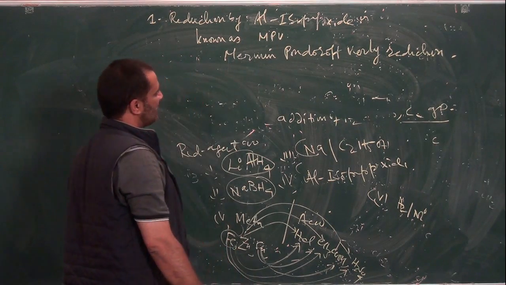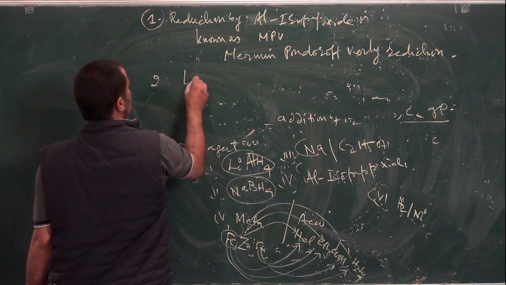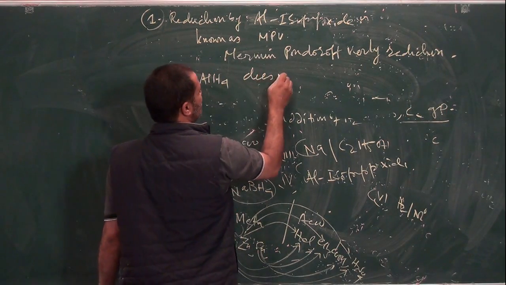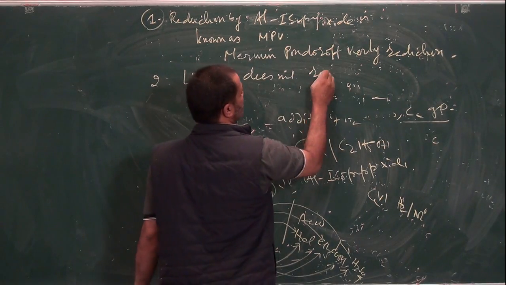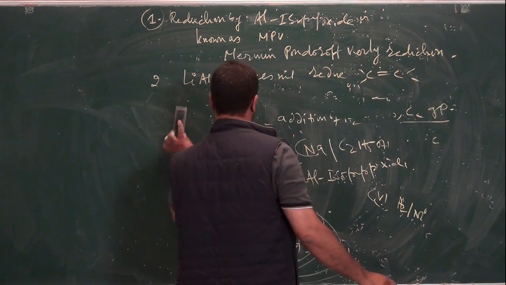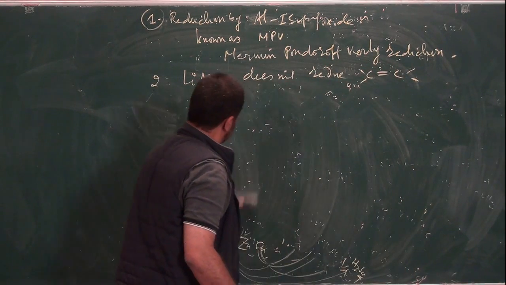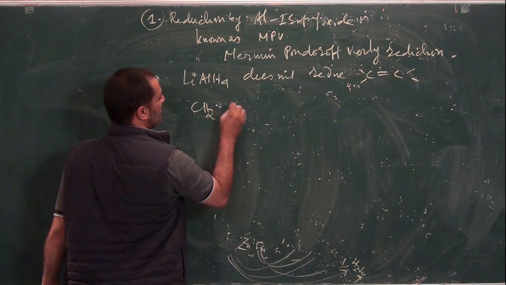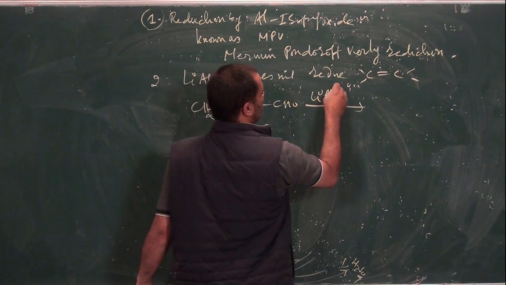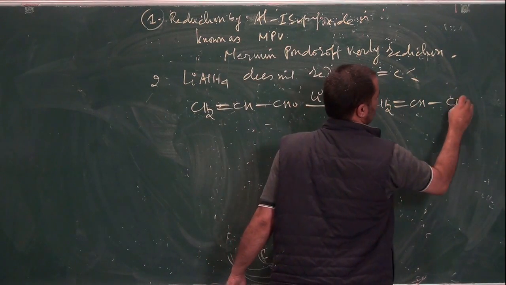Then, a very important point: lithium aluminum hydride does not reduce the carbon-carbon double bond. For example, CH2 double bond CH single bond CHO with lithium aluminum hydride gives CH2 double bond CH single bond CH2OH.